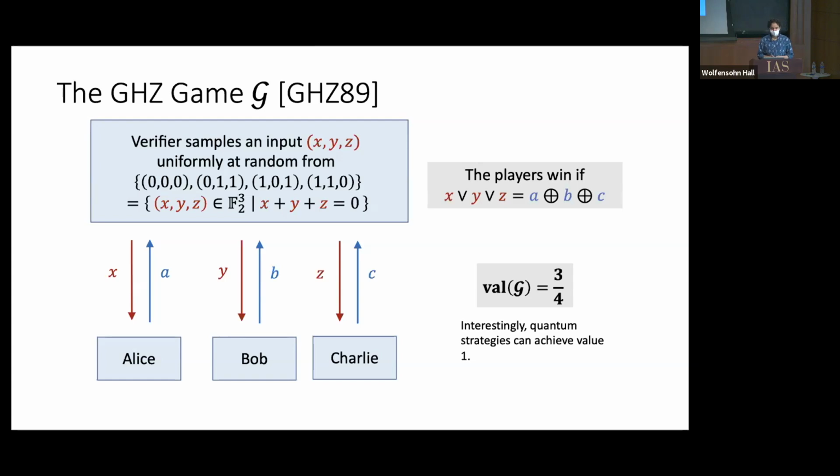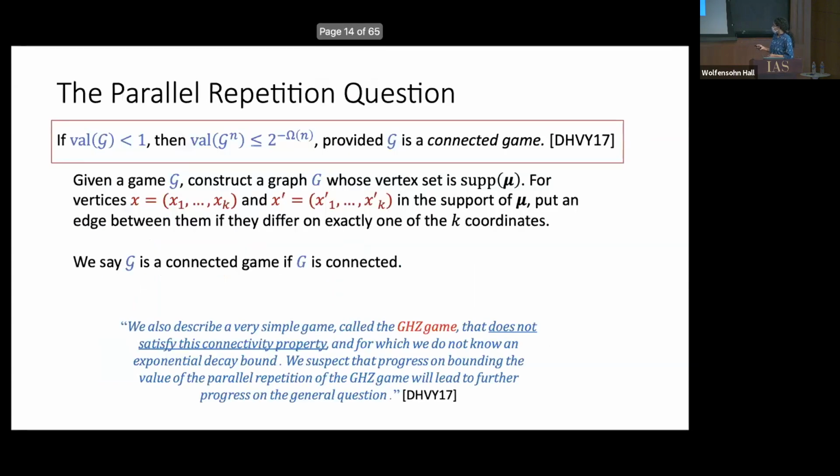Can you give any intuition why connectivity is relevant to analyzing the game? Right. The proof of this goes by lifting 2-player parallel repetition techniques and applying some extra things. Ultimately, the connectivity property implies that any 2-player subgame of this is also connected.